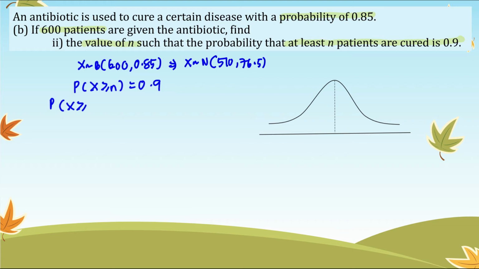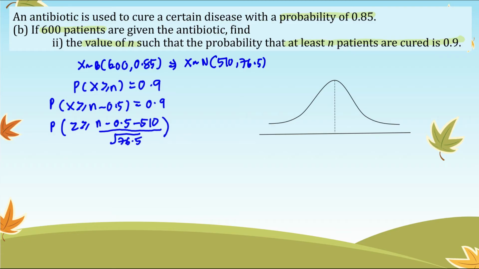Because it has an equal sign, greater than or equal, we use n minus 0.5. Then we standardize, so P(Z ≥ (n - 0.5 - 510) / square root of 76.5) equals 0.9.